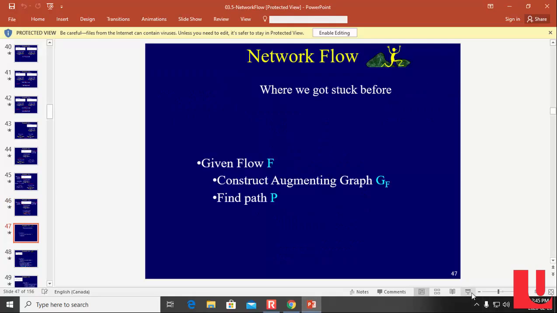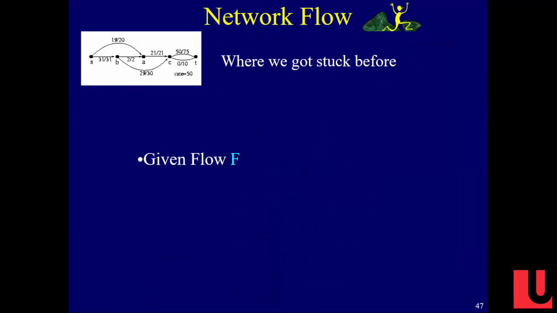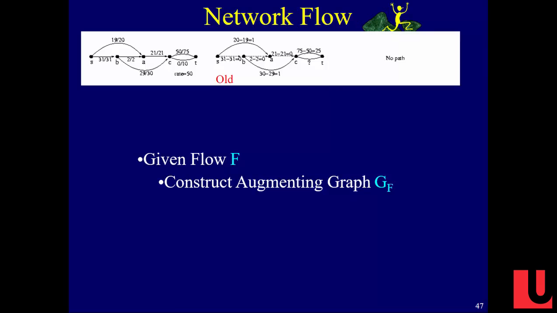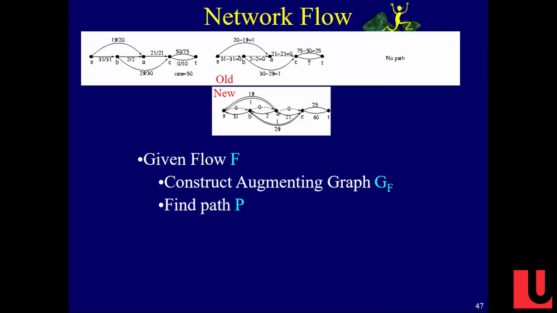All right, so now this is where we got stuck before. We're going to build a new augmentation graph. That's our old augmentation graph; we need a new one. So in the new one, how much more can we push this way? Well, we're at 19, we can push one more forward, so we have a directed edge going forward of 1.